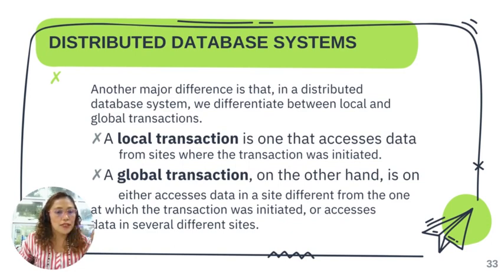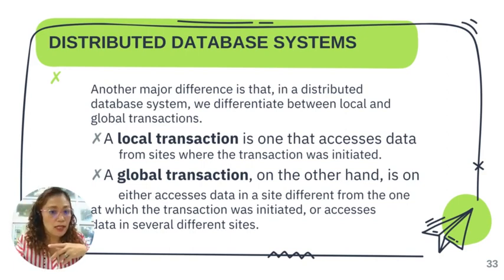When you have a distributed system, you have what we call local transactions and global transactions. A local transaction is located in one database location. But a global transaction executes a transaction from one database location across another database location or node.